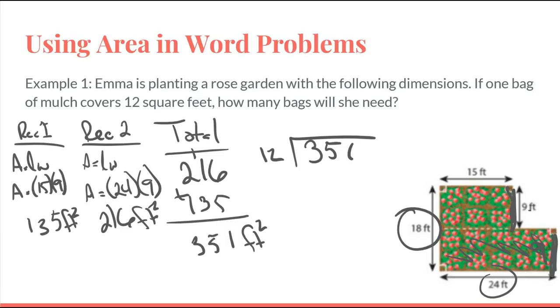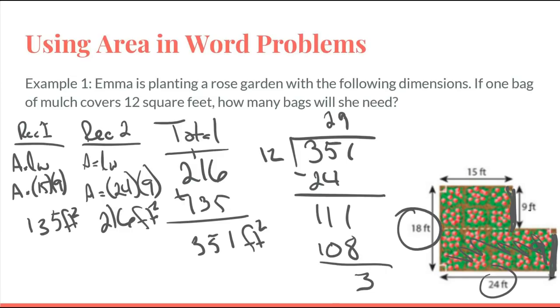So 12 goes into 35 2 times. That leaves me with 111. And then 12 goes into 111 9 times. 9 times 12 is 108. I have a remainder of 3.